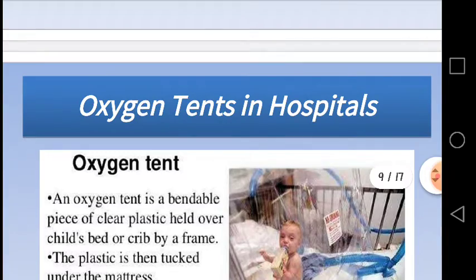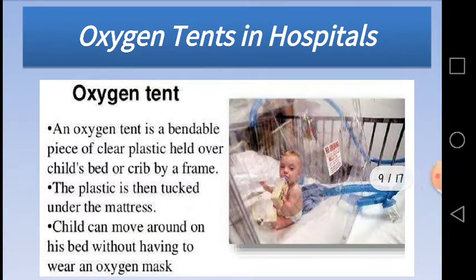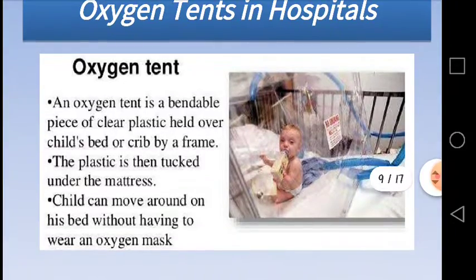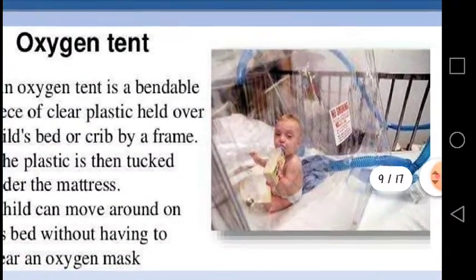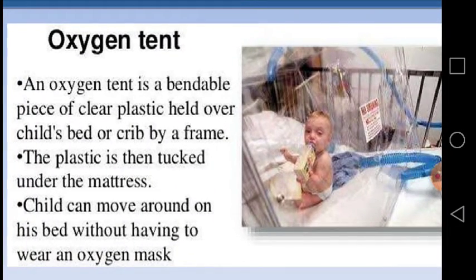Now we are focusing on the third use of oxygen, in hospitals. Specifically, oxygen tents for kids are built in hospitals. What are oxygen tents? You can see from this diagram and illustration. An oxygen tent is a bendable piece of clear plastic held over the child's bed by a frame.